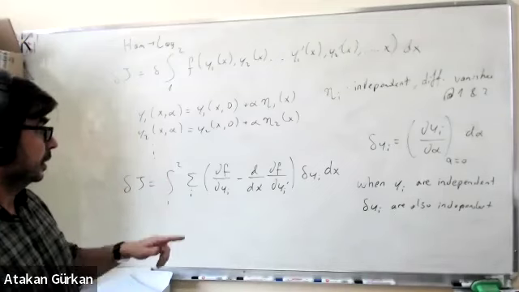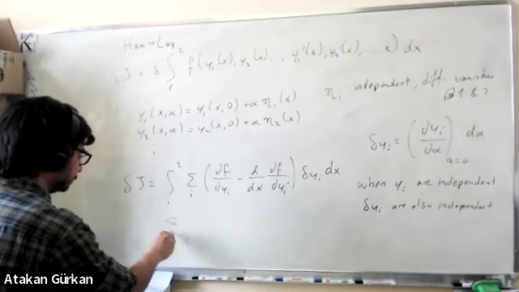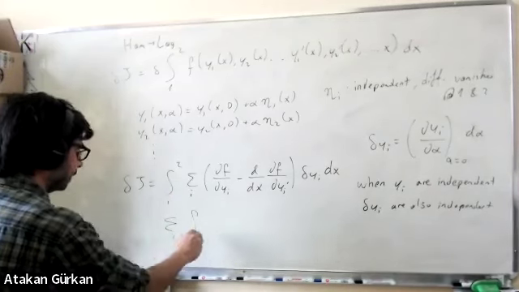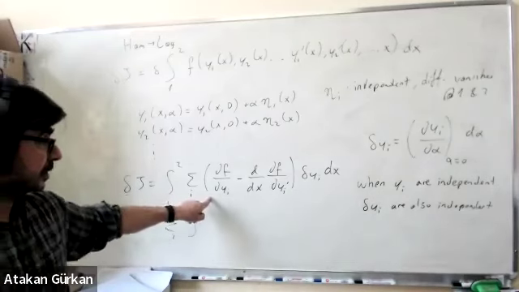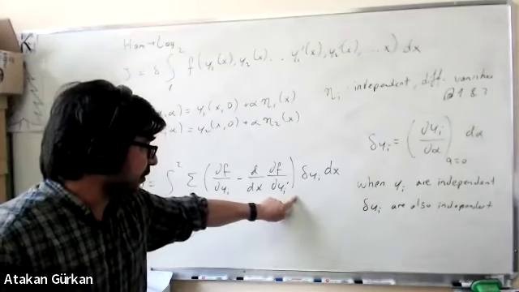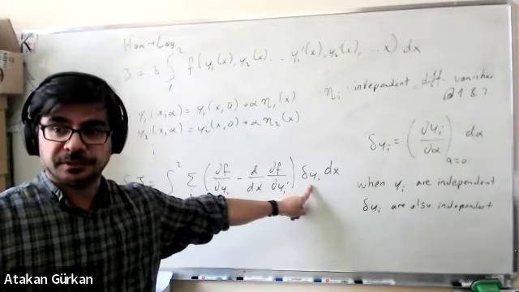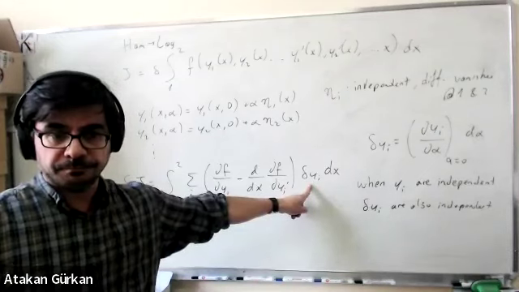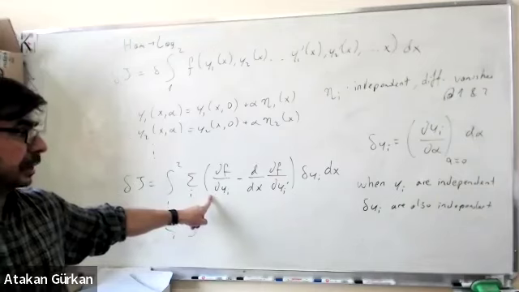But then, if each integral in that sum is 0, then for each of those integrals, I'm taking this function and multiplying it by some arbitrary, independent functions. Which means that these functions have to vanish identically.